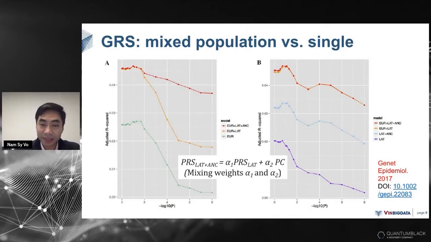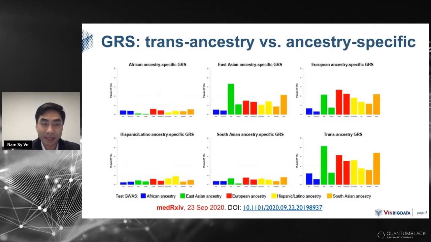And also you can see if we consider the PRS score as a mix with alpha 1 and alpha 2, alpha 1 is for the PRS of Latino and alpha 2 is for principal components related to the ancestry. So we can see that the GRS here is better for the mixed population.